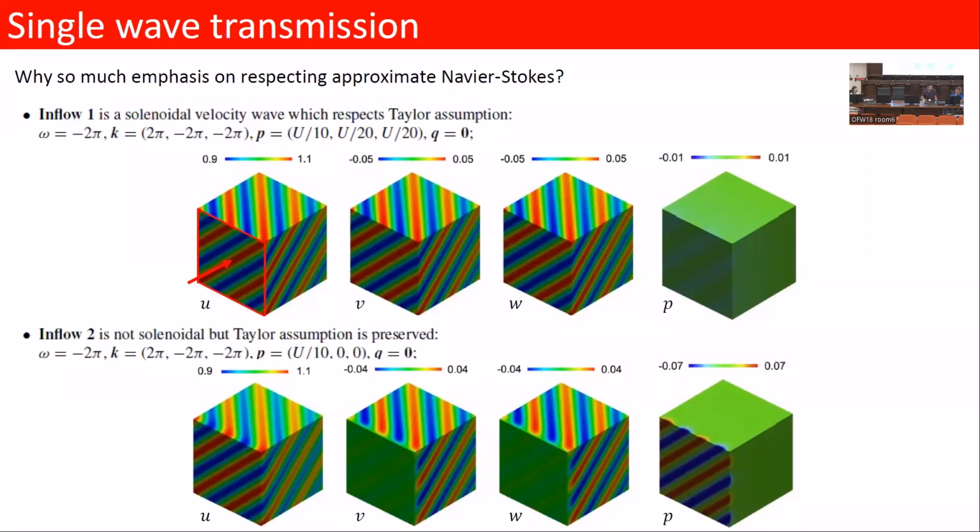So you have no hope that the synthetic field you generate will actually go into your numerical simulation. As a result, pressure fluctuations will be created at the inflow, and you see it on the right. If you do the same thing by selectively removing the Taylor assumption, you will see something very similar. So you need to respect both in order to have good results.